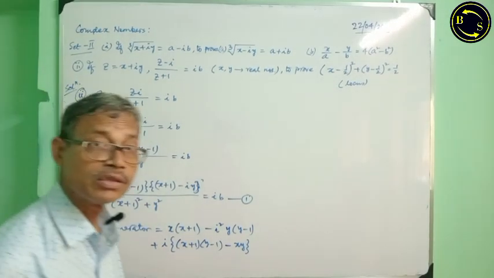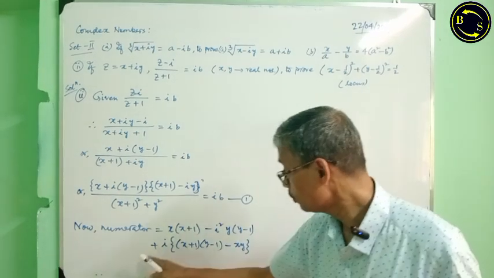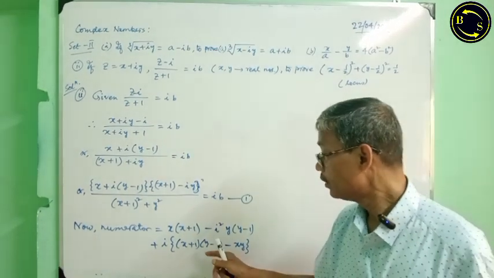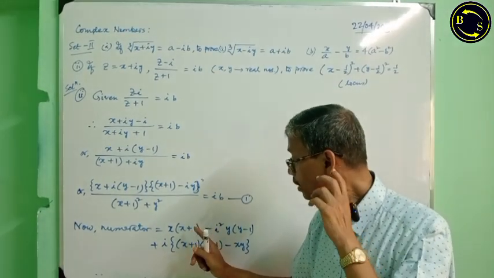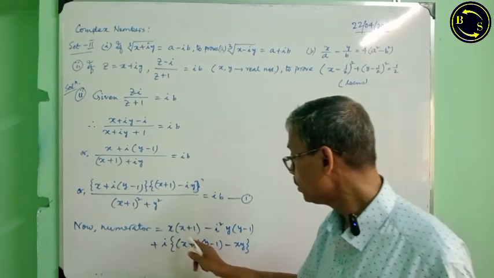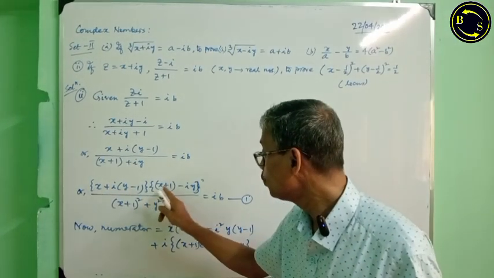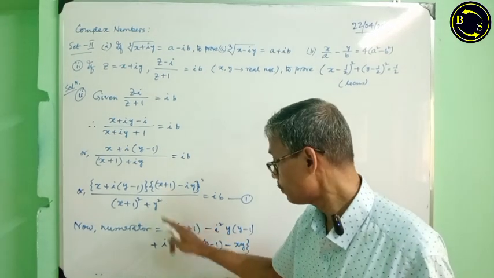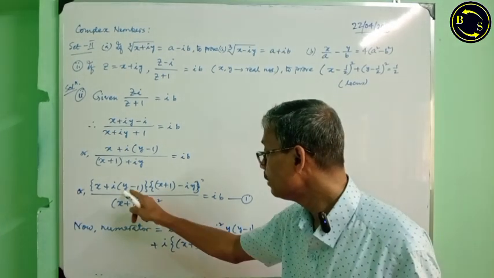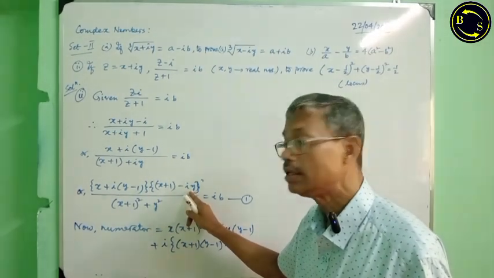I suggest students you follow this trick. Write the product so that you get the real parts first. x into x plus 1. Both are reals, therefore the product will be real. Then imaginary into imaginary.